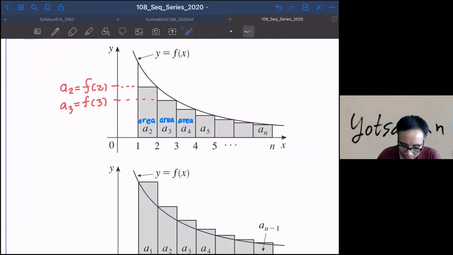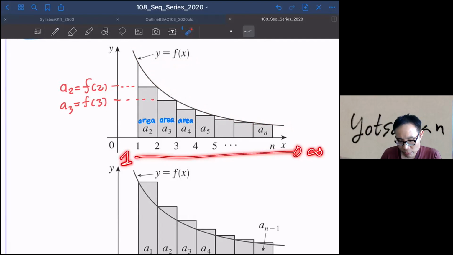And if you sum the areas a_2, a_3, a_4, you're going to miss something. You're going to miss some error here. What you miss is that the whole thing is the area under the curve y equal to f(x) from 1 to infinity.